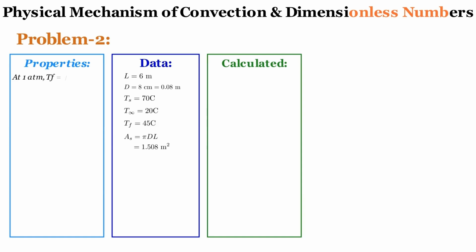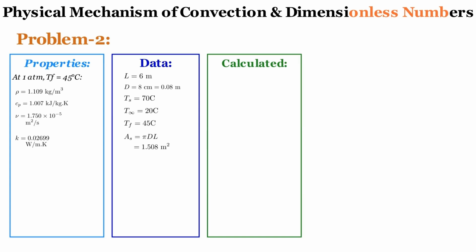Now, let's look up the air properties at 1 atmosphere and 45 degrees Celsius. Everyone following along? Density, rho, is 1.109 kilograms per cubic meter. Specific heat, Cp, is 1.007 kilojoules per kilogram Kelvin. Kinematic viscosity, nu, is 1.750 times 10 to the minus 5 square meters per second.